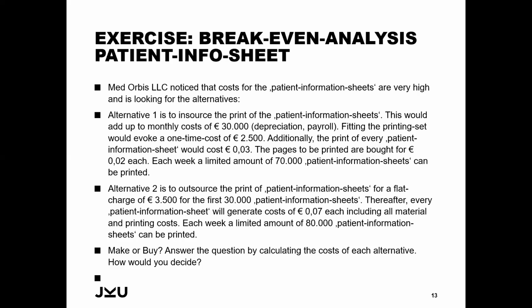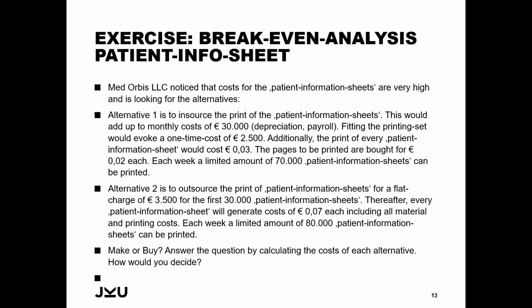Now, in this case, we are interested in patient information sheets. MedOrbis Limited Liability Corporation noticed that costs for the patient information sheets are very high, and they're looking for alternatives.